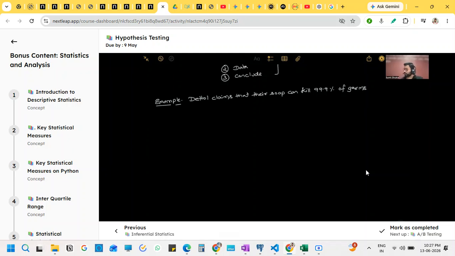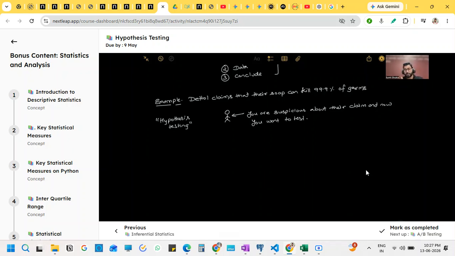Now, what do you want to do? You want to test. So, let's say this is you, and you are suspicious about their claim, and now you want to test, right? So, this is yet another example of hypothesis testing.